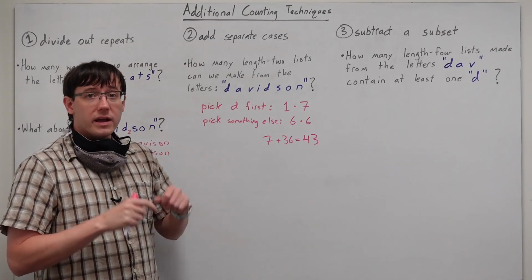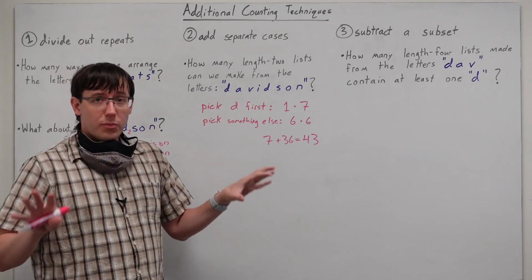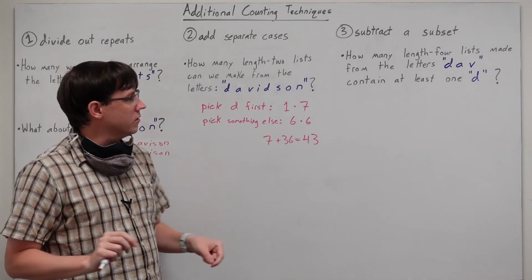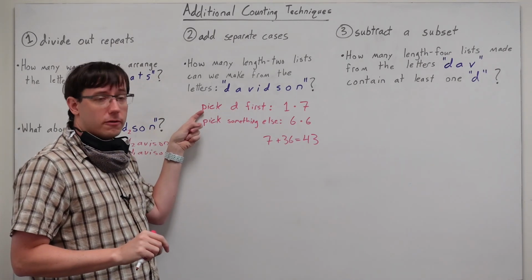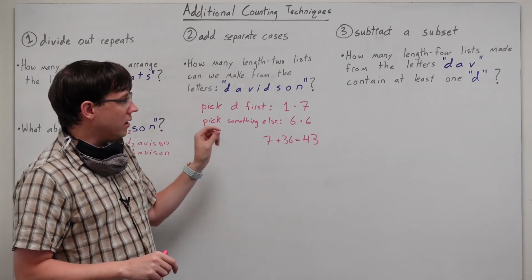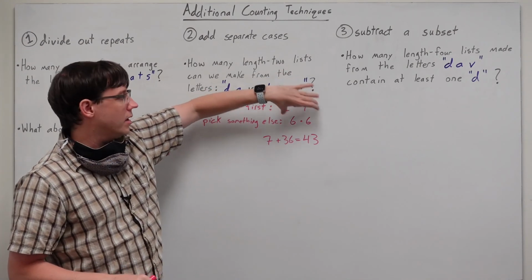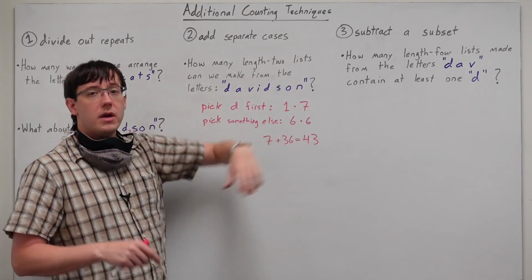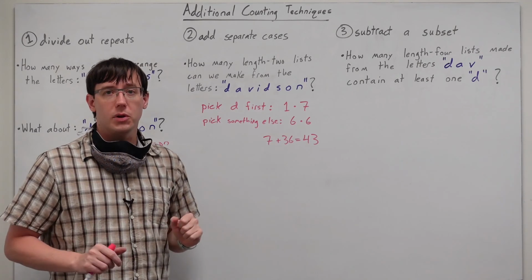And since we counted these separate mutually exclusive cases of either there's a D first or there's something other than a D first, we can add up all of the lists of this type plus the lists of this type to get the total number of possible lists.